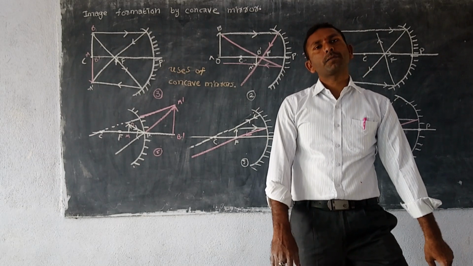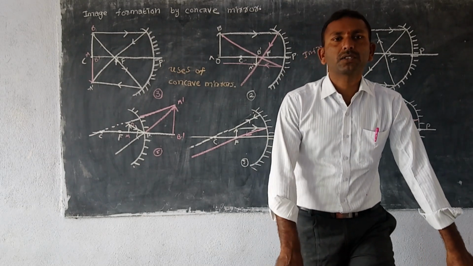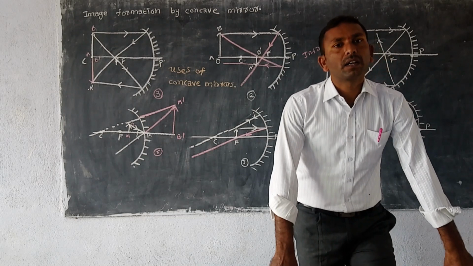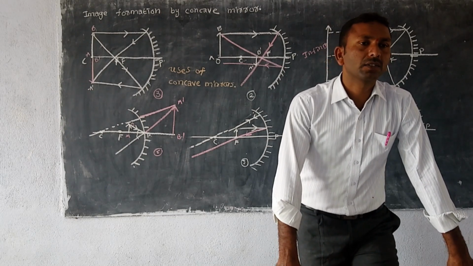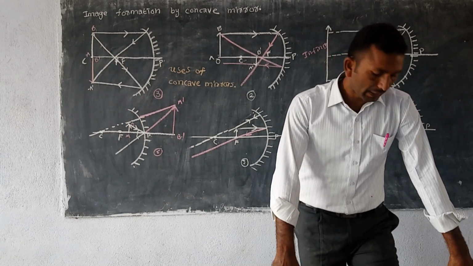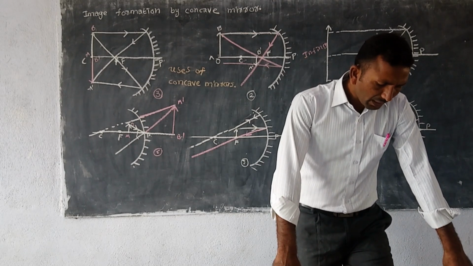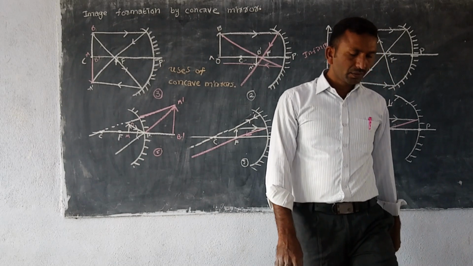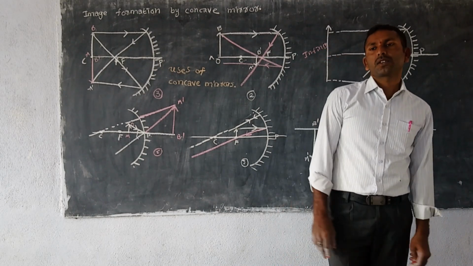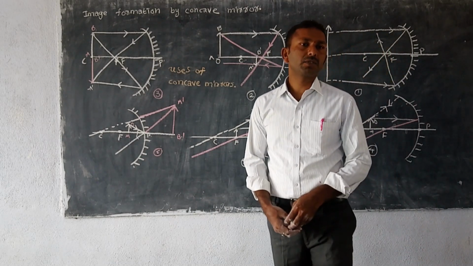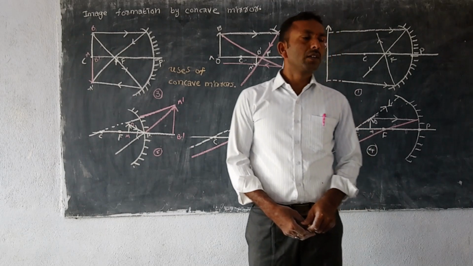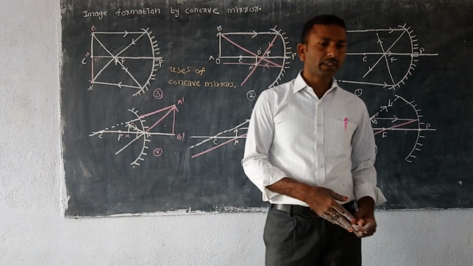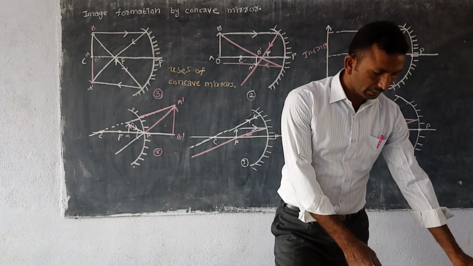They want to see the big size image of the teeth, so they have to use concave mirrors. Large concave mirrors are used to concentrate sunlight to produce heat in solar furnaces. So large concave mirrors are used to concentrate the sunlight at one point in solar furnaces.